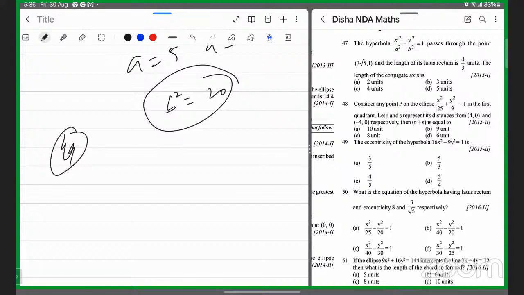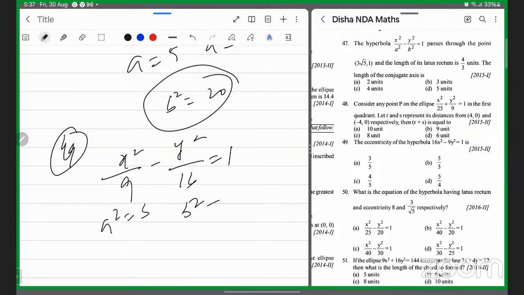Did I calculate? So you can calculate at home. X square, you will multiply with 4, 9, 16, so 9x square minus y square by 16 is equal to 1. So a square is 9, b square is 16.